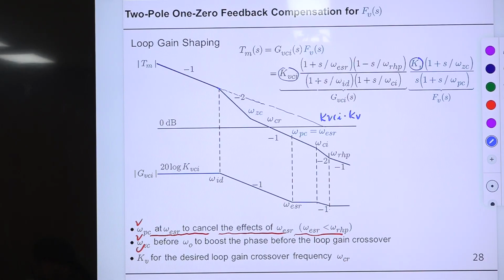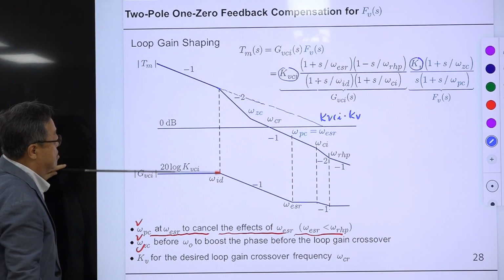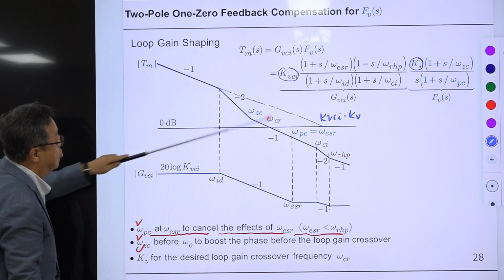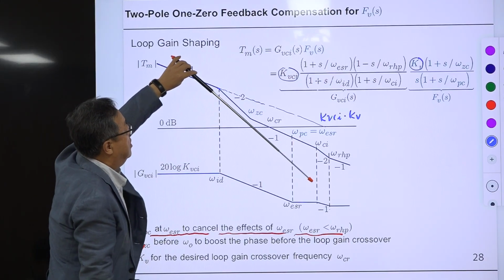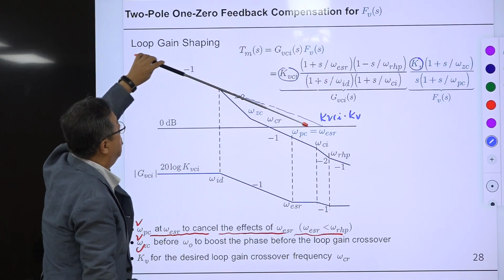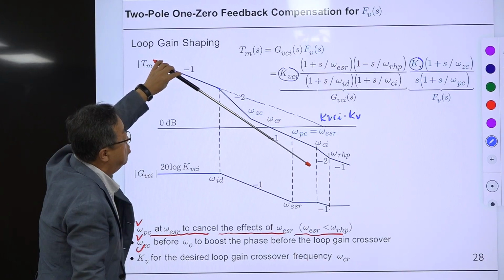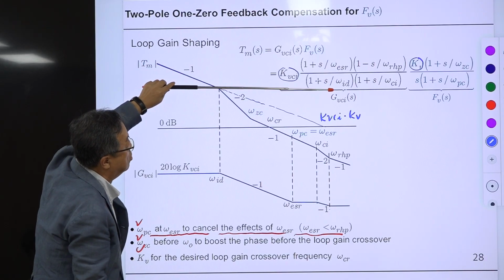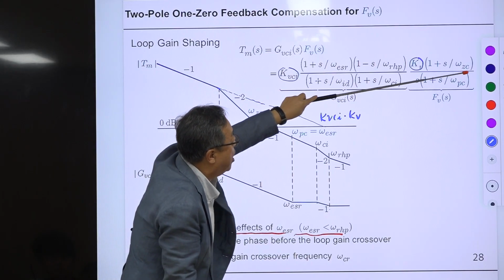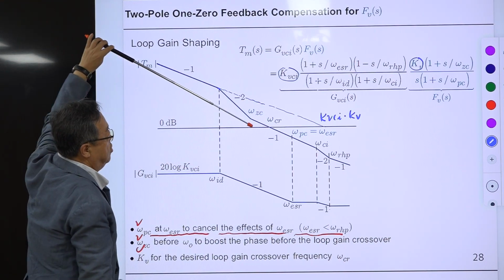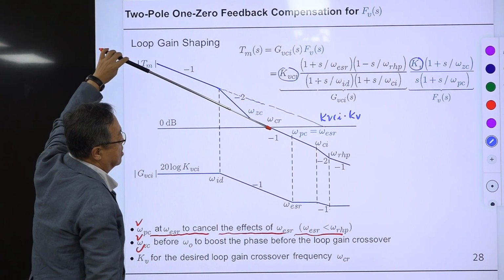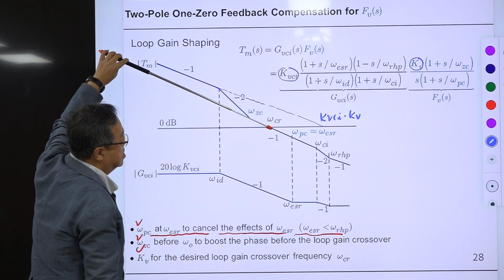This is the integration gain, but at this point we have this low frequency pole here. The slope changes from -1 to -2, and we have a zero here, omega GC, where C means compensation. Then this is the loop gain crossover frequency, omega CR.